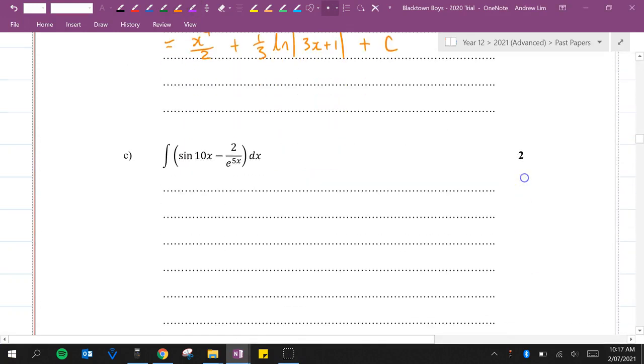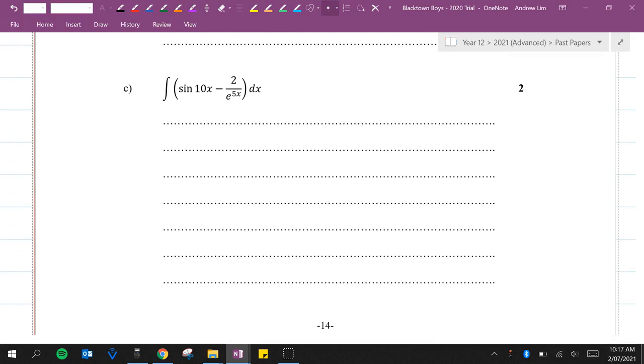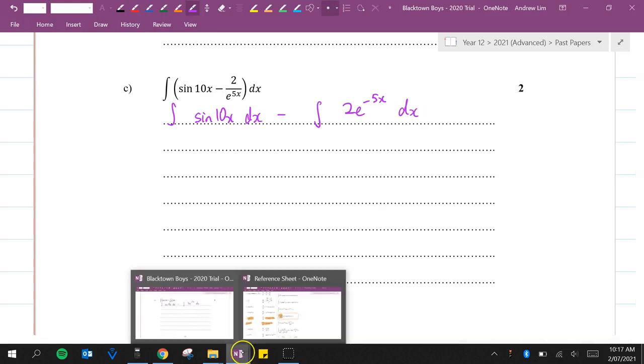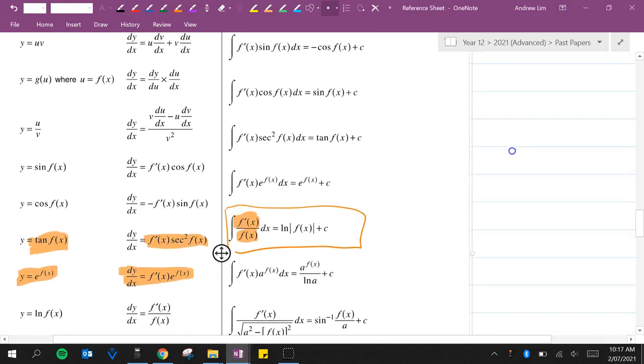Okay, question C. We're going to integrate sine 10x minus 2 over e to the 5x dx. So again, I'm going to split this. Integral of sine 10x dx minus the integral of 2e to the negative 5x dx. Okay, so I'm going back up here.